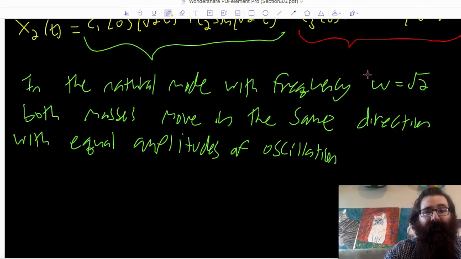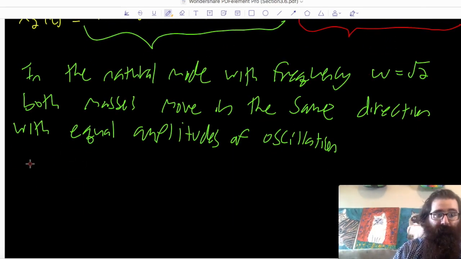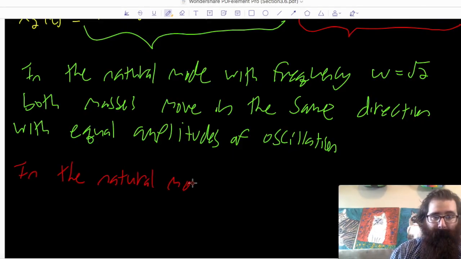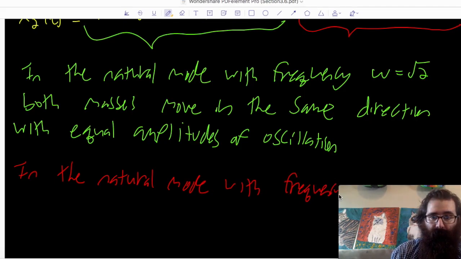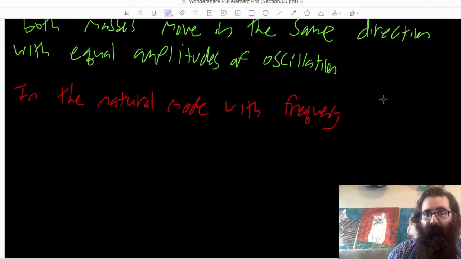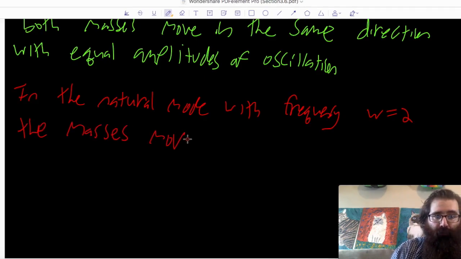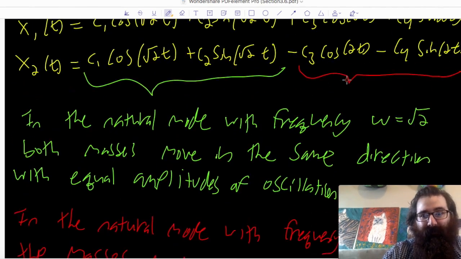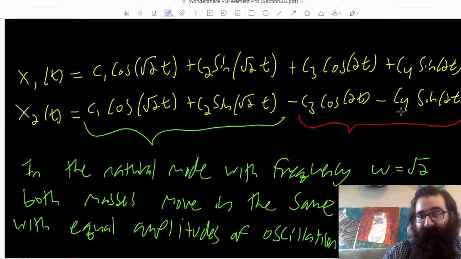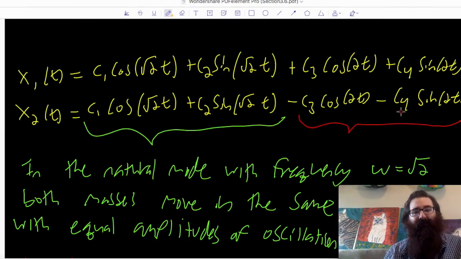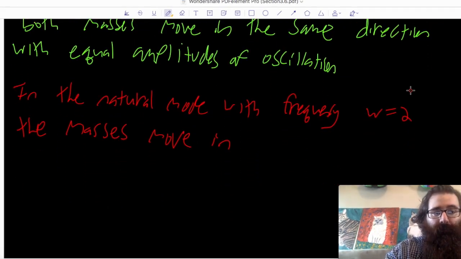And we can start by saying in the natural mode with frequency omega equals 2, the masses move in, let's take a look. So here we have plus plus, minus minus, opposite directions. So the masses move in opposite directions.